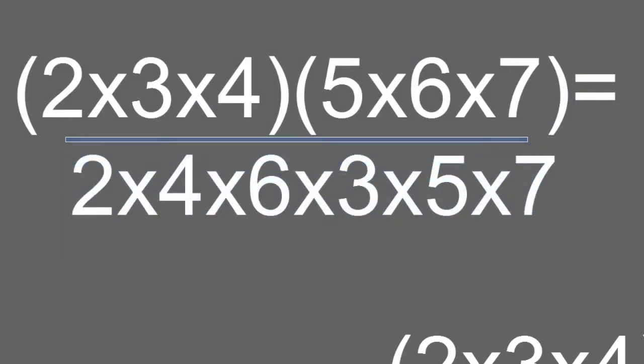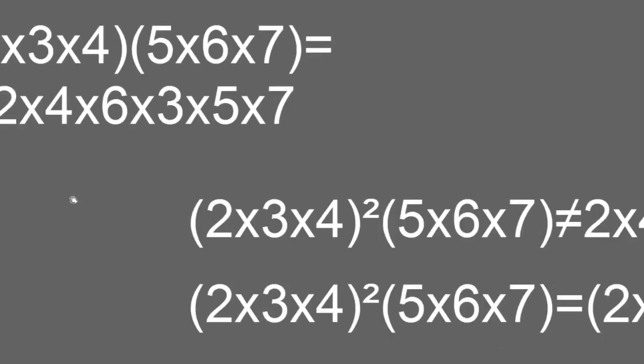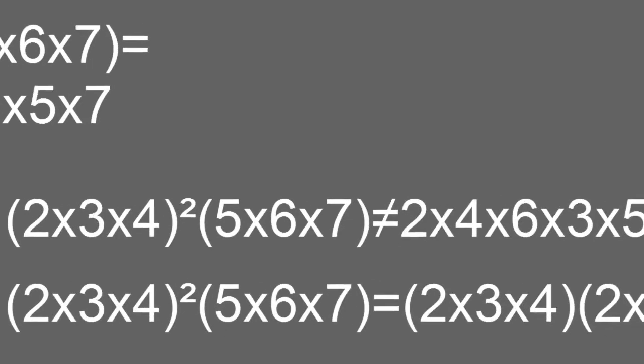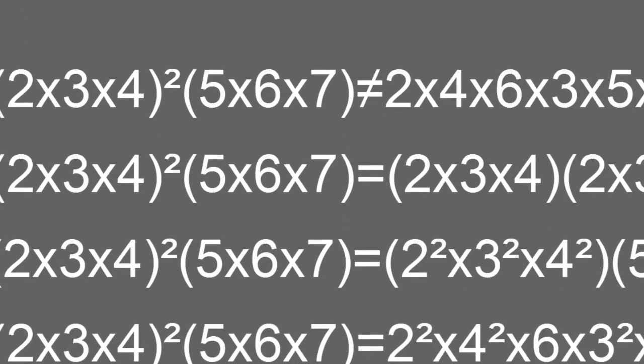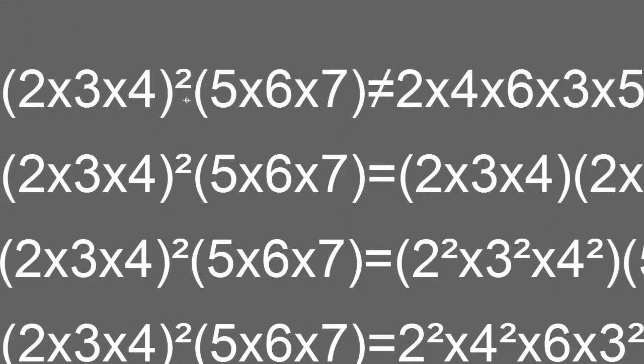In multiplication, changing the order of the numbers does not change the final result. Before, I just could not do that because I had to take care of the exponent first. So I cannot just change the order of these numbers and completely forget about this exponent. These two are not equal.